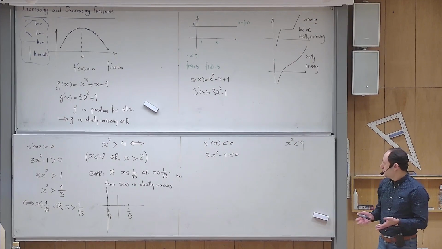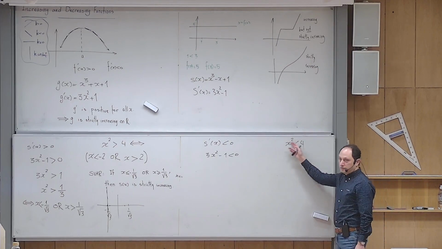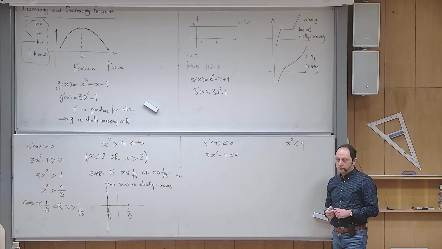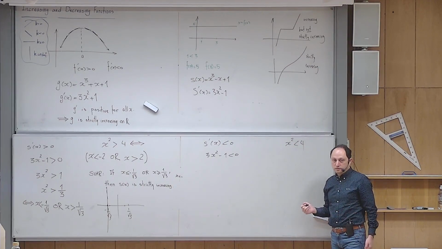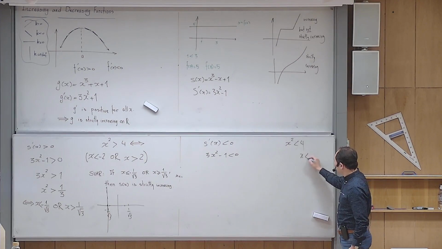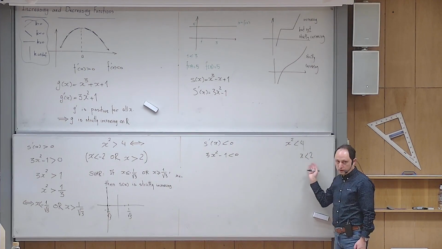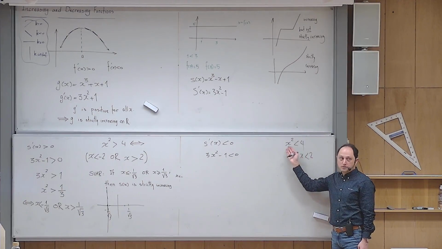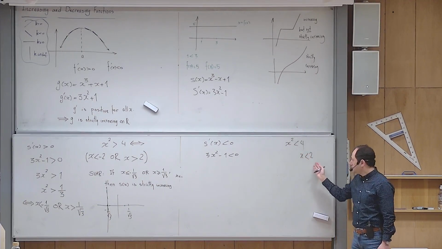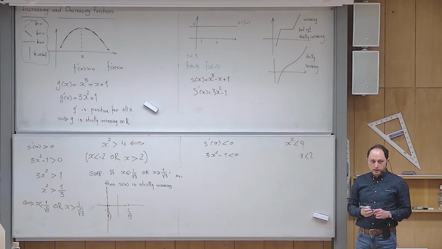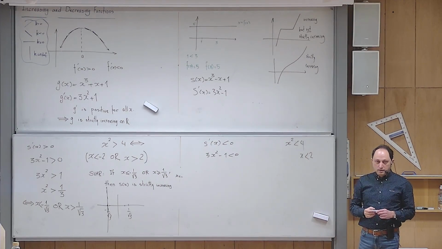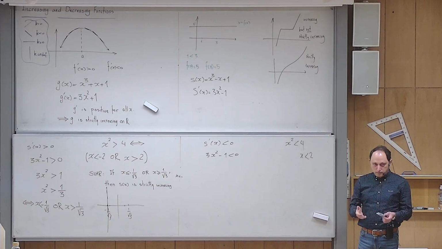Which numbers are the numbers so that when you square them are less than 4? So of course, one possibility is to write x less than 2, which is not wrong. Of course, if x is less than 2, it is guaranteed that x squared is less than 4. But is this the whole story? Yes. Well, x is less than 2 and greater than minus 2.